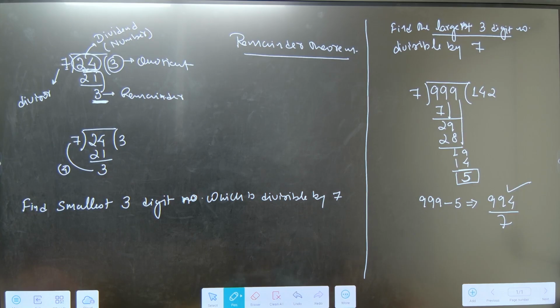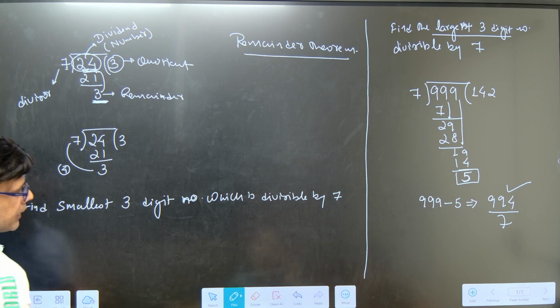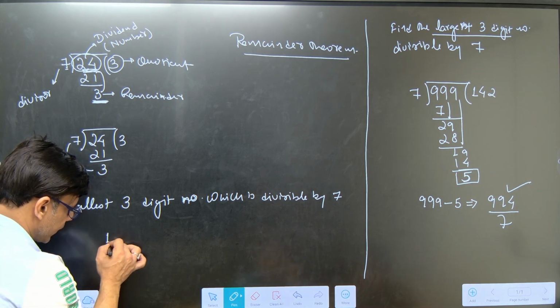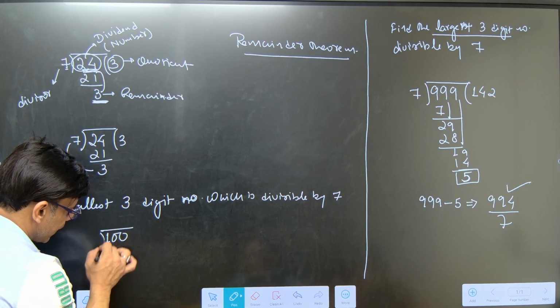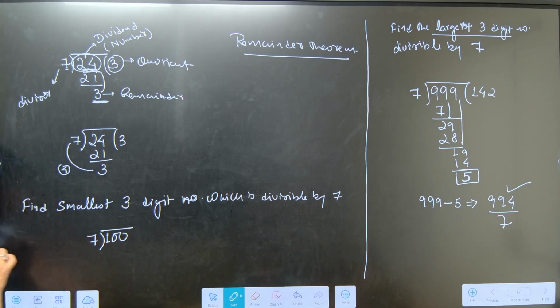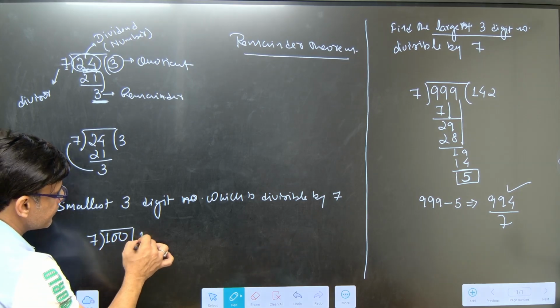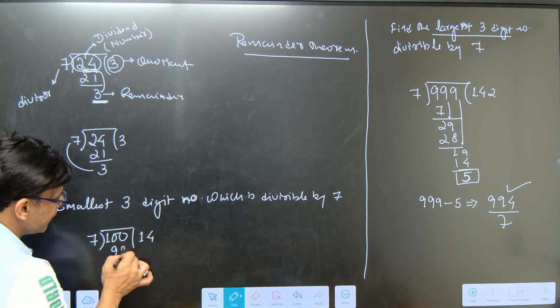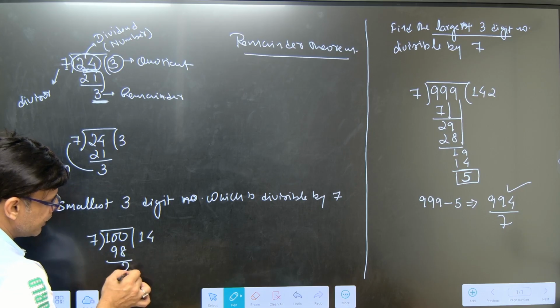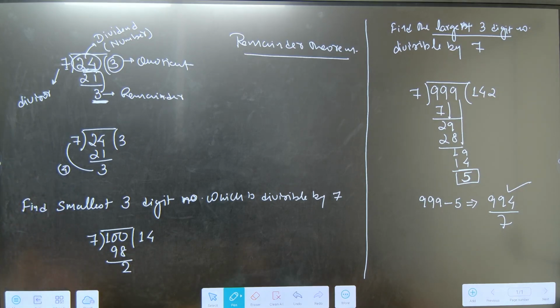Smallest 3-digit number which is divisible by 7. So what is the smallest 3-digit number? Write 100 and divide by 7. I know that 7 14s are 98, otherwise you can do it. What is the remainder? 2.